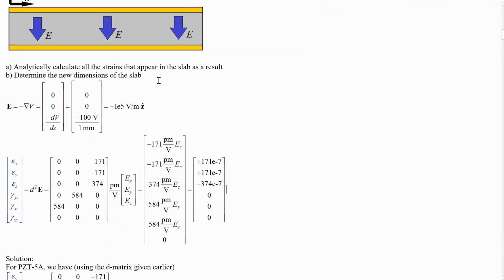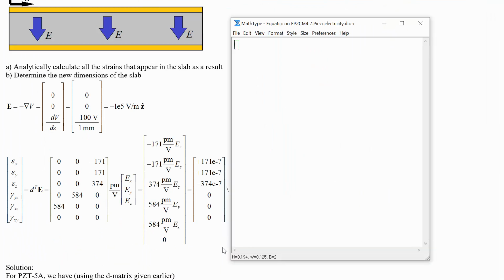How does this lead to new dimensions? Well, you might remember from when we started this way back in the mechanics course that the strain leads to a change in length. A regular strain is a change in length over the original length. So if you want to know the new dimensions, you can say L prime is equal to the original length plus the change in length.